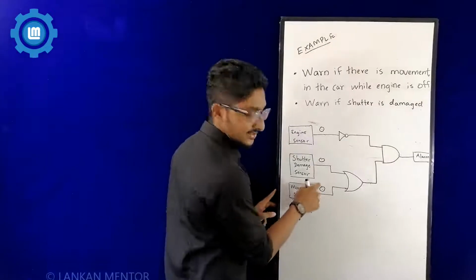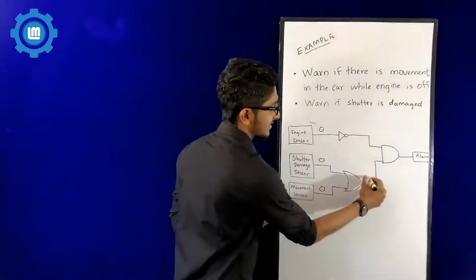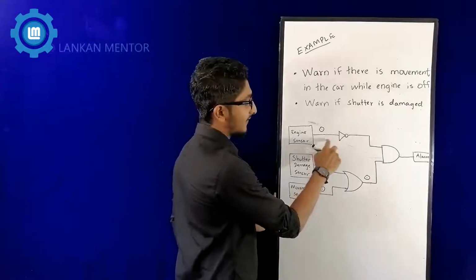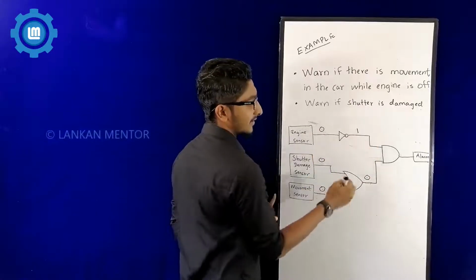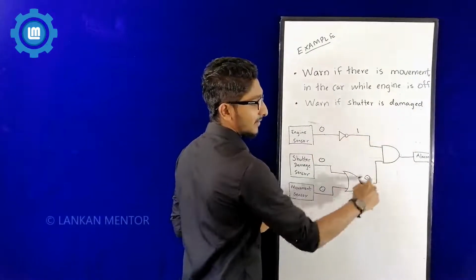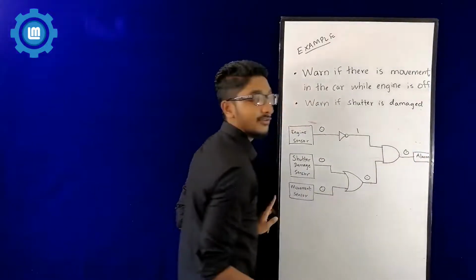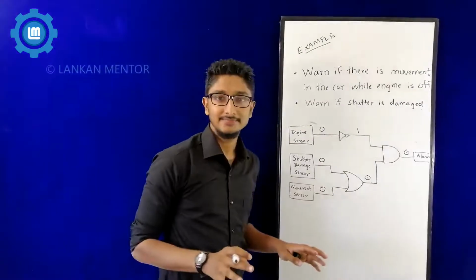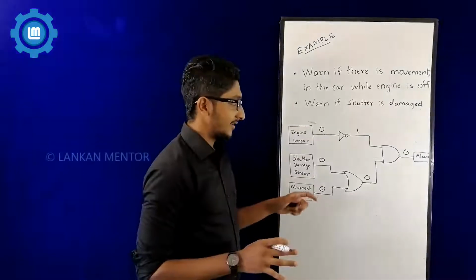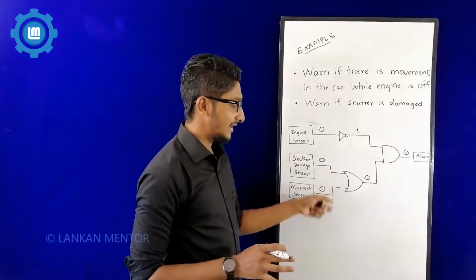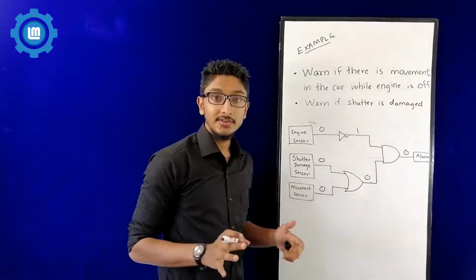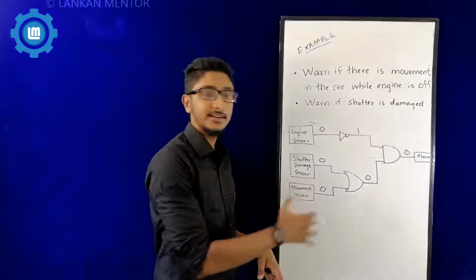See, 0 plus 0, 0. Engine is off, so 0 coming out of there is 1. 1 multiplied by 0, 1 into 0 is 0. So the alarm is not working. No shutter damage, no movement. So fine. Right? This is the circuit then.